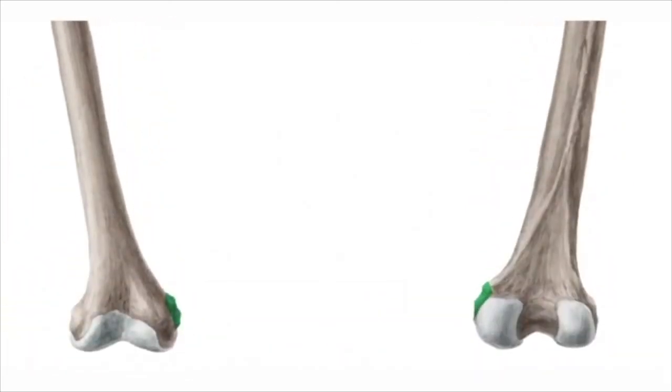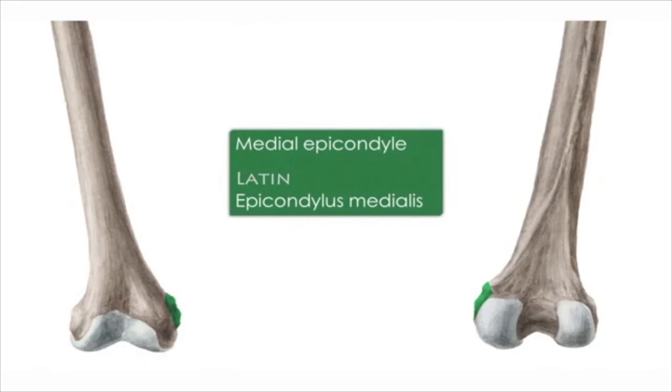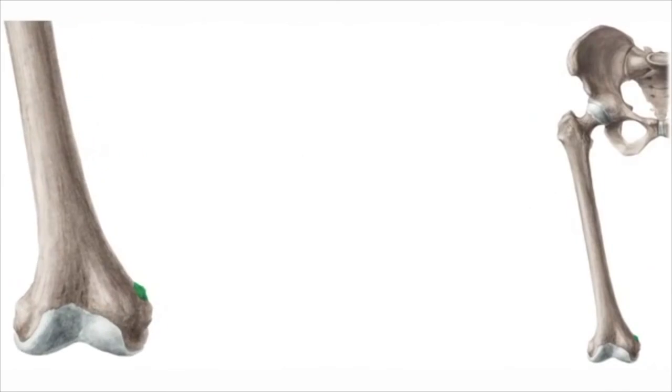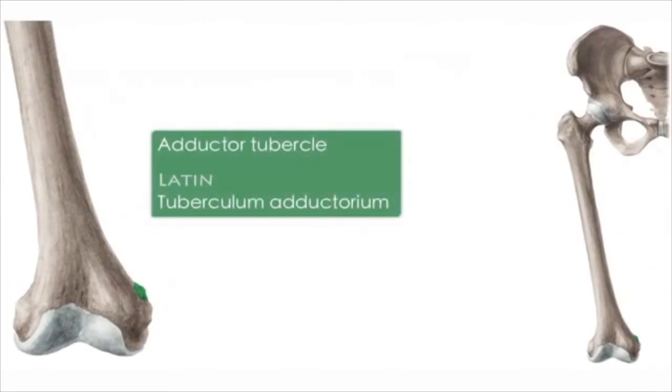Now, moving on to the other structures here. This time we're going to talk about bony elevations that we find on the aspects of the different condyles. The one that we see here is known as the medial epicondyle. Important thing: the medial epicondyle is a bony elevation that you find on the medial aspect of the medial condyle. And also on this medial epicondyle, you will find a very important structure known as the adductor tubercle.